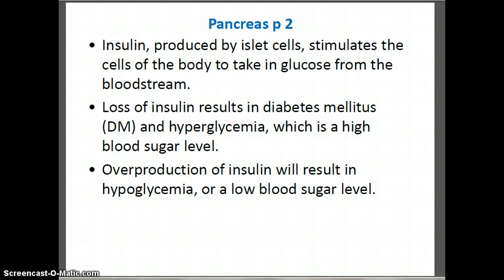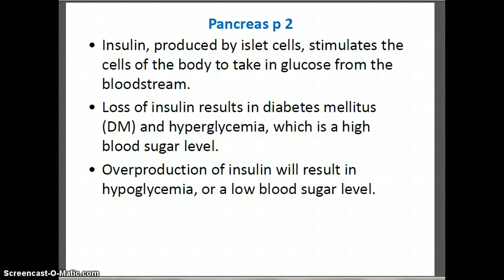Insulin is produced by the islet cells, and it stimulates cells of the body to take in glucose from the bloodstream. So in other words, when serum glucose is high, insulin will be activated to facilitate the movement of glucose from the bloodstream into the cells.